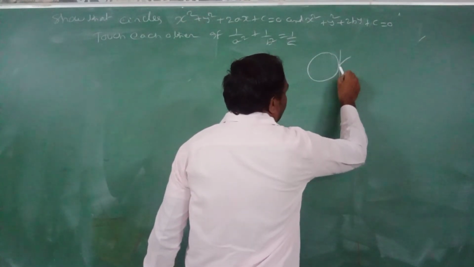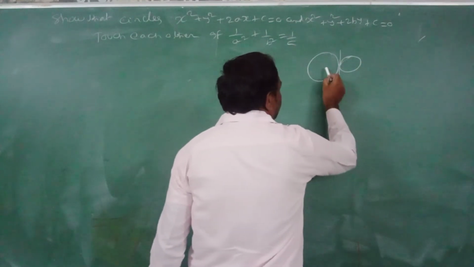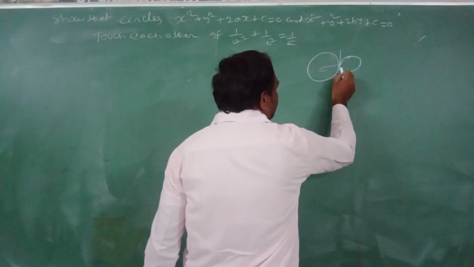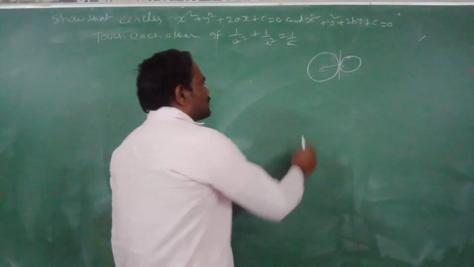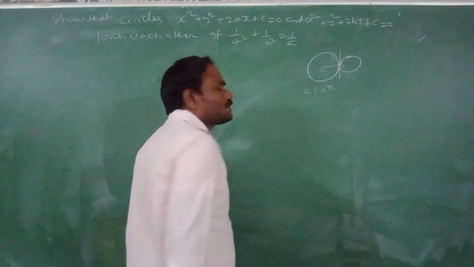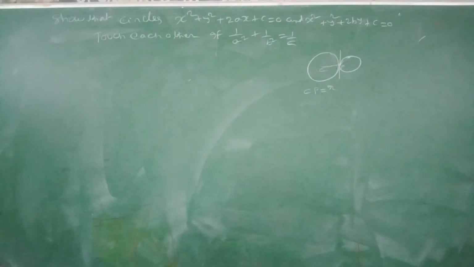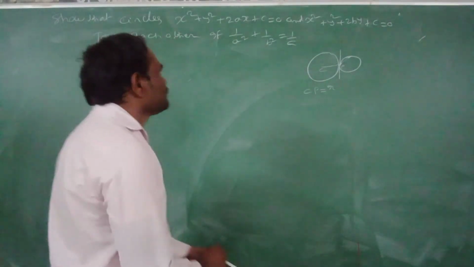This is the common tangent of the two given circles. The tangent condition is CP = r, where r is the radius of the first circle and C is the center of the first circle.